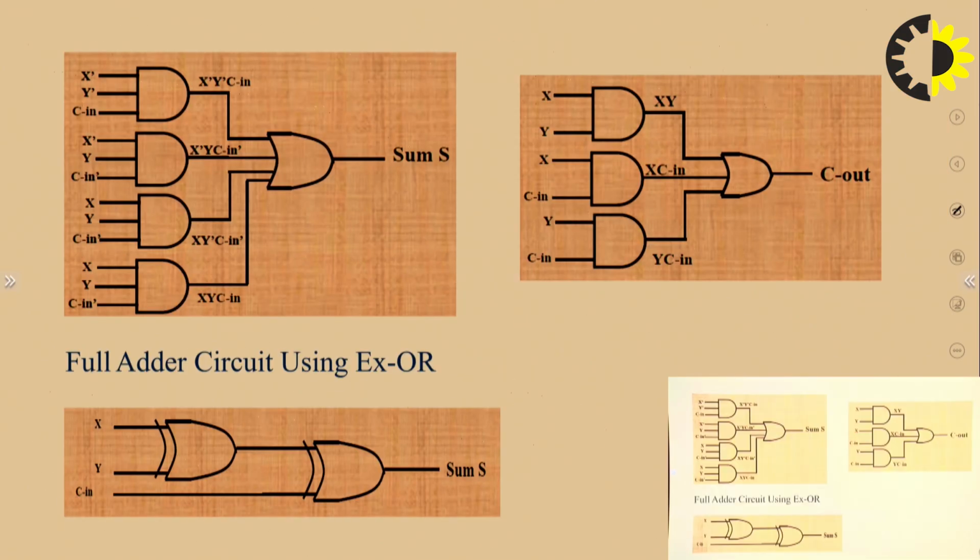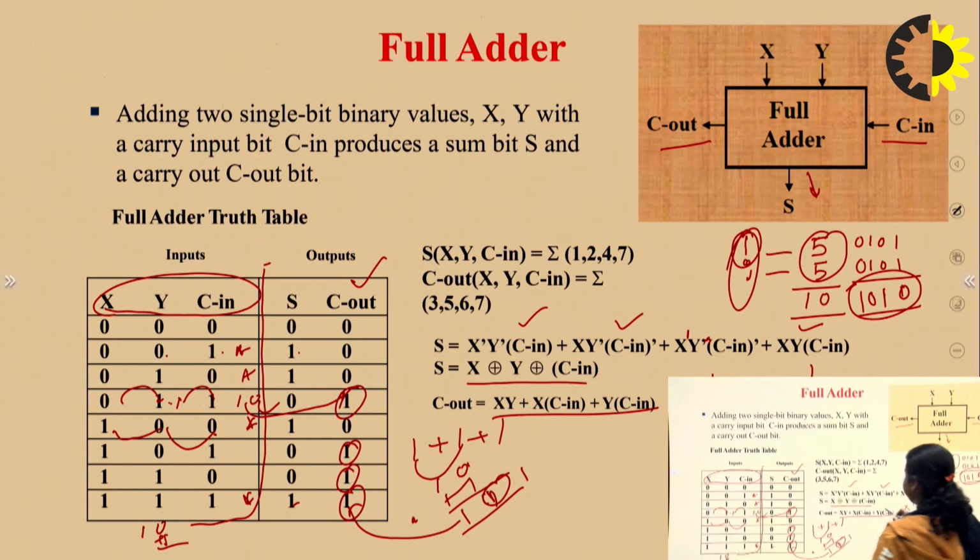Then this is the gate diagram for full adder. So we have made this for sum. For sum the expression is realized using this gate diagram. So first this is a combination of AND gate, x bar, y bar, c in bar. This is x bar.